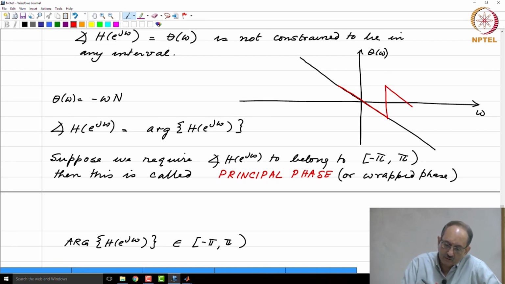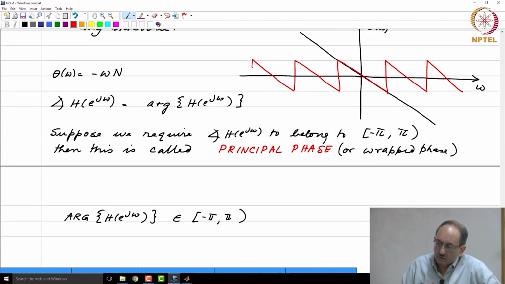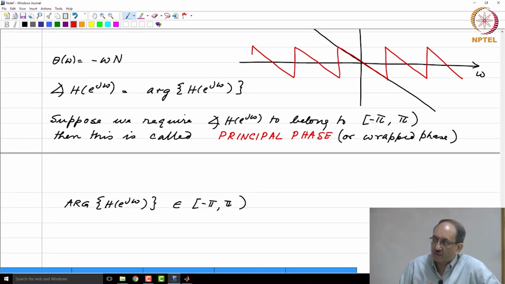So, this is how the wrapped phase is. Clearly in this interval, you need to add 4 pi to make it between minus pi and pi. This is basically phase angle modulo 2 pi, and the reverse process is called phase unwrapping.